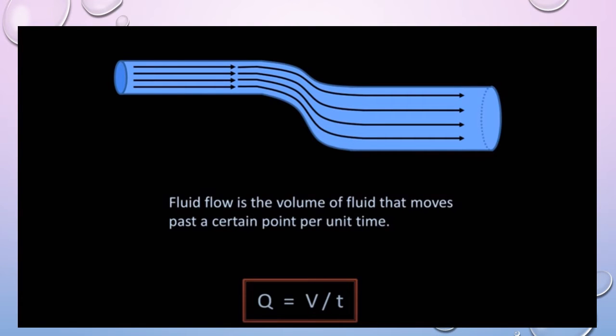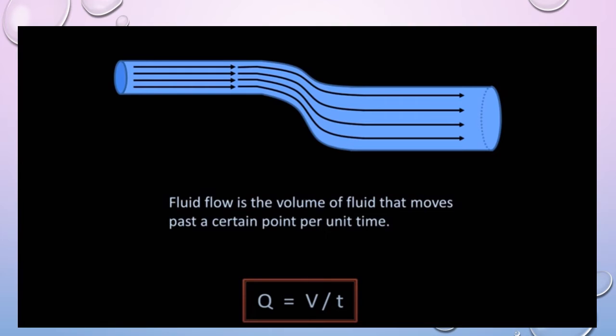Now consider a pipe that serves as the conduit for some liquid, and suppose its size varies along its course. The fluid here is moving from left to right. You can see the inlet on the left hand side has the smaller area, and the outlet on the right hand side has the larger area.